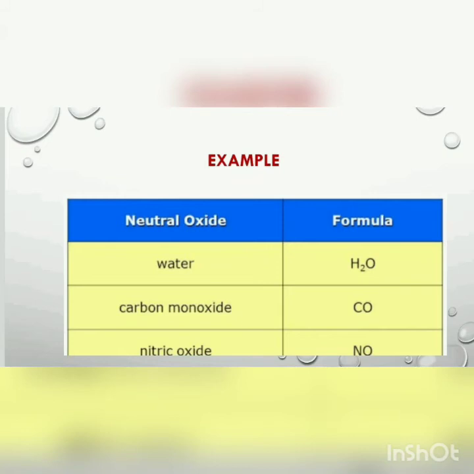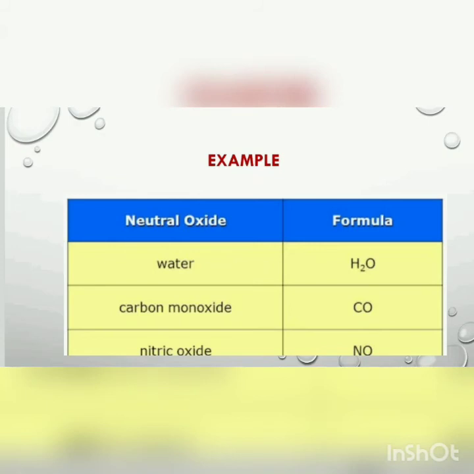First one is acidic oxide, second one is basic oxides, third one is amphoteric oxides, and fourth one is neutral oxides, right? Examples of acidic oxides are sulfur trioxide, sulfur dioxide, and carbon dioxide.